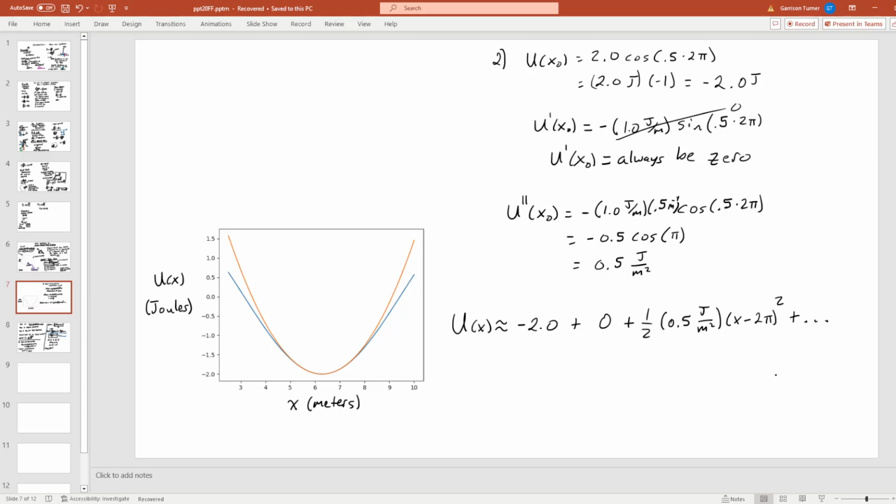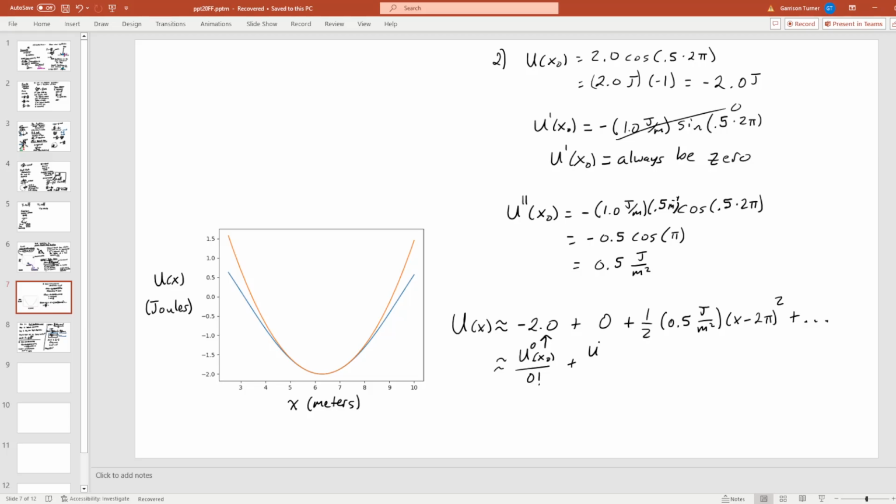Okay, so our potential energy function looks like this. This is u naught evaluated at x naught over 0 factorial.